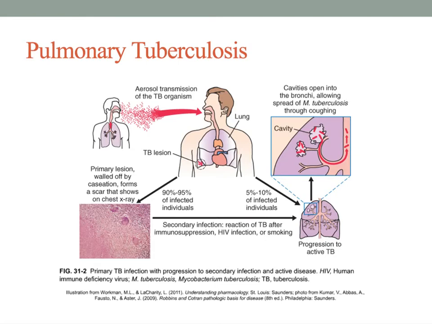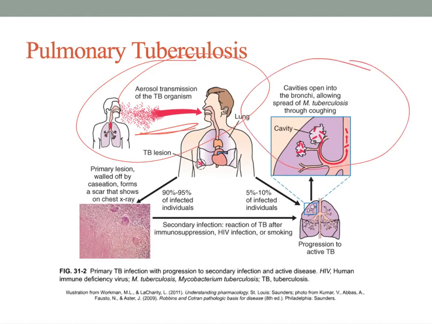This slide is meant to be a visual of pretty much everything that I just explained. It shows this transmission here that occurs through droplets in the air. The cavities open into the spread with coughing and it gets into someone's lung, and usually the patient can just encapsulate that bacteria through the use of their macrophages, and it never becomes active.